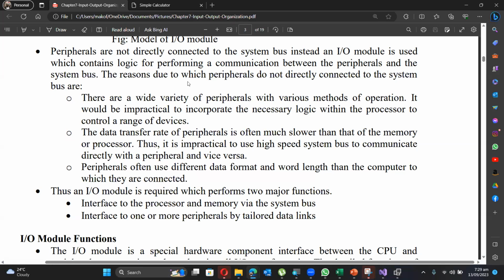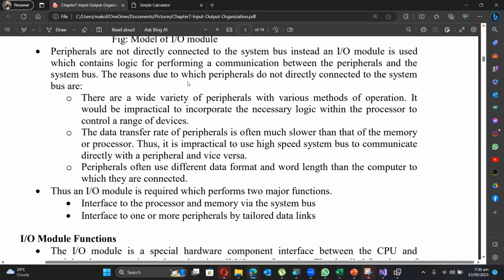Peripherals often use different data formats and word lengths than the computer to which they are connected. Again, this comes down to different manufacturers or even different devices themselves. If you plug up a pen drive, a hard disk, or an SSD drive, you would realize that the rates at which data is transferred are very different.